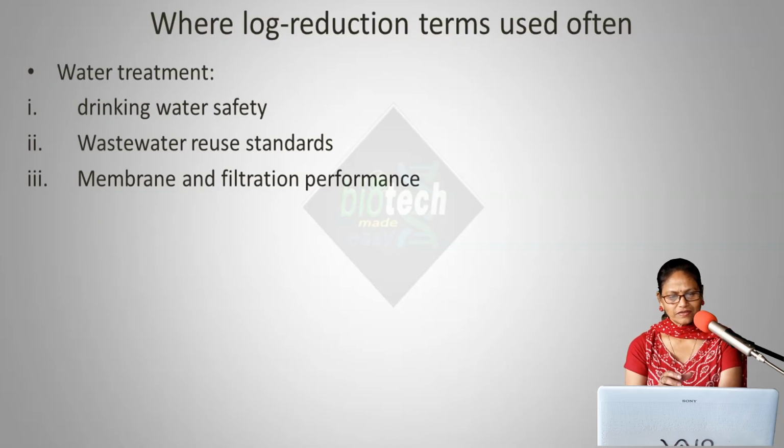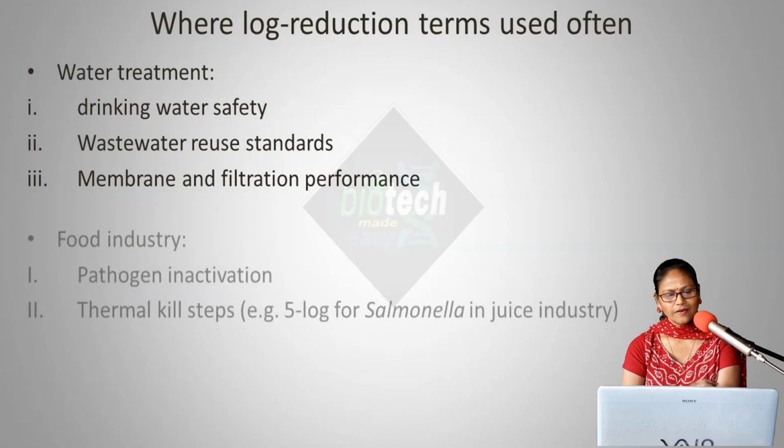Similarly, the wastewater reuse standards are also fixed, and accordingly, for whichever application we are using this wastewater after treatment, the log scale is there. And for membrane and filtration performance also, log reduction terms are used.